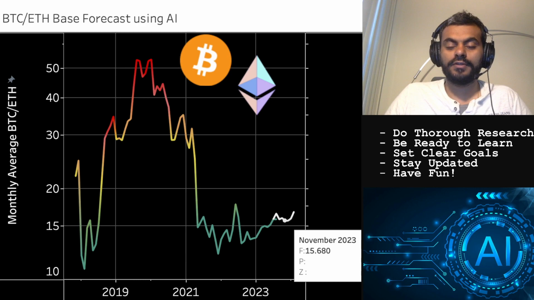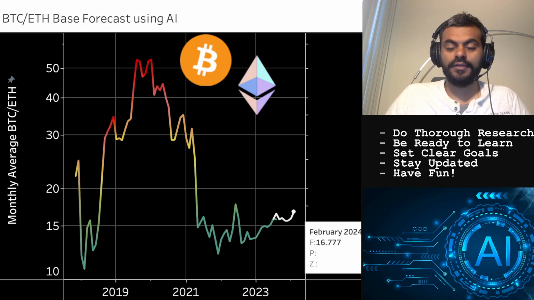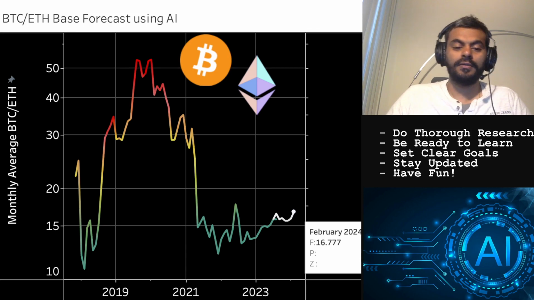Slightly lower valuation than current valuation, 15.68 ether per BTC. December 15.68 yet again. January 15.93, and in February of 2024, the model has predicted that a couple of months before halving, this valuation would break further new ground in favor of BTC to about 16.77 ether per BTC.